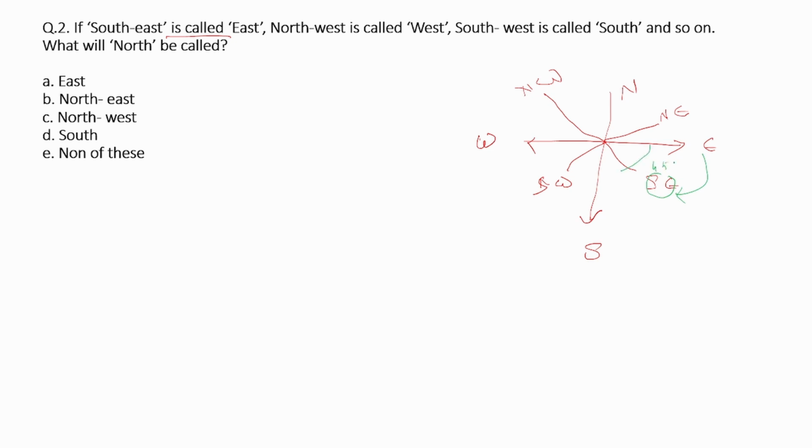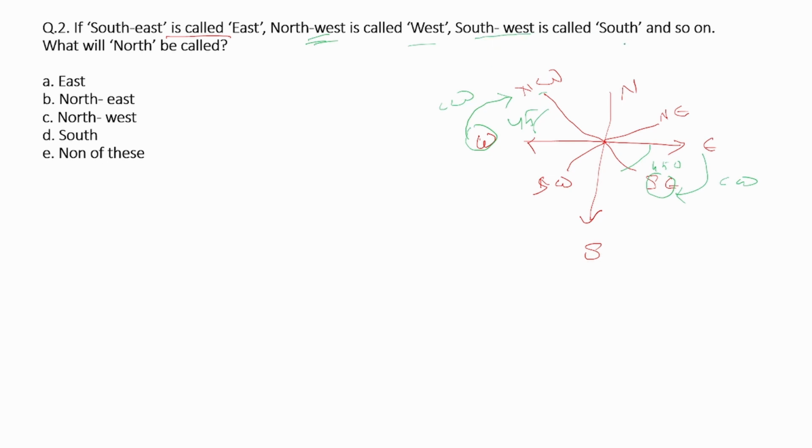This is 45 degree. This means east moved 45 degree in a clockwise direction. And then northwest is called west. Means this is northwest. This is called west. Means west moves towards northwest 45 degree in clockwise direction.